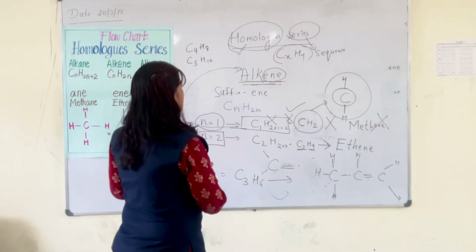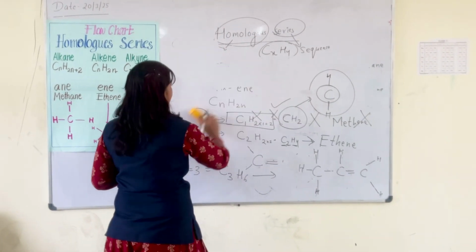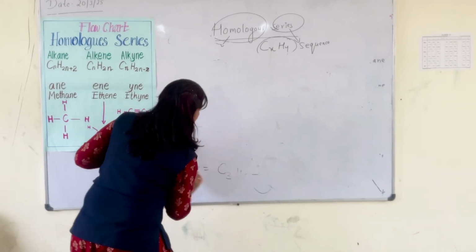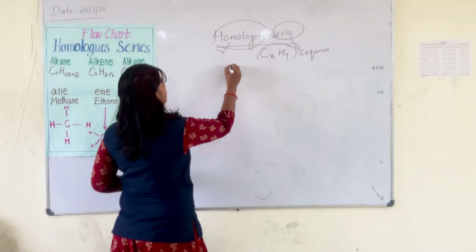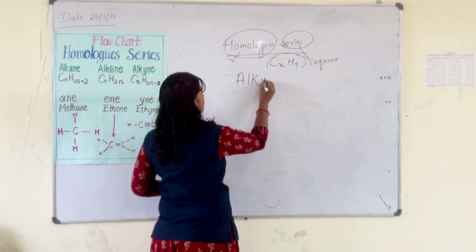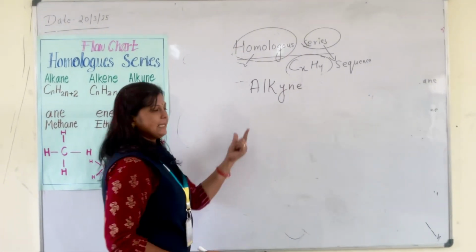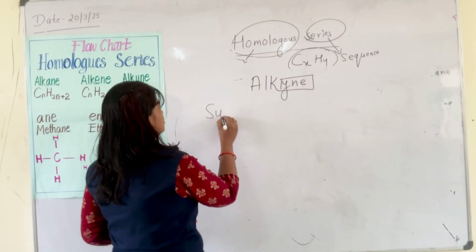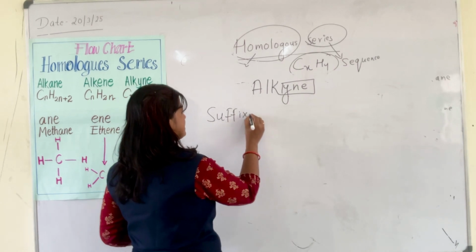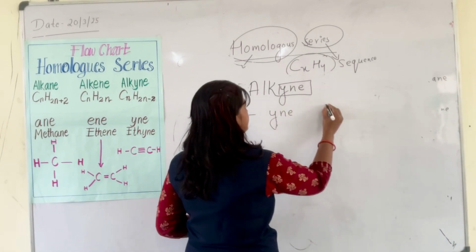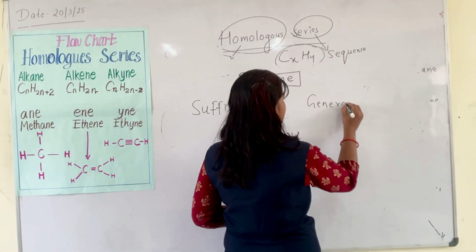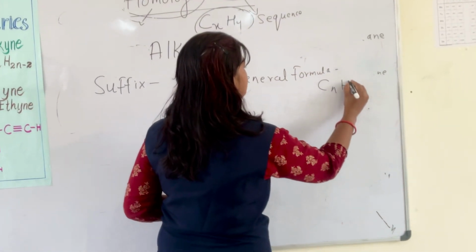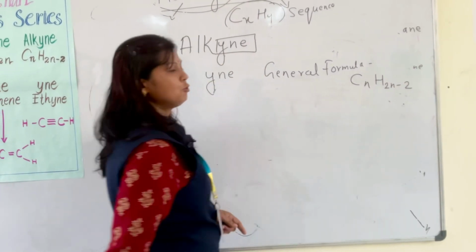Now we will come to the last, that is alkyne. As the name suggests, the last 3 letters are nothing but the suffix. So the suffix of alkyne is Y N E. The general formula for alkyne is CnH2n minus 2.